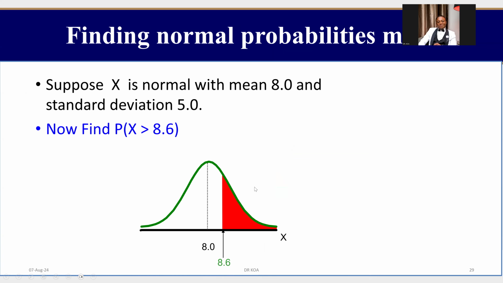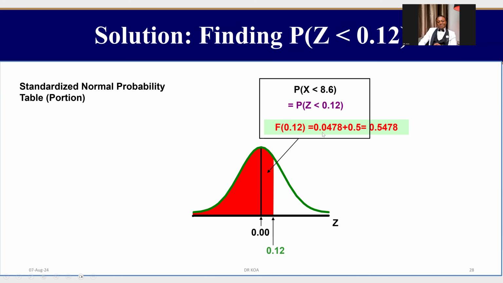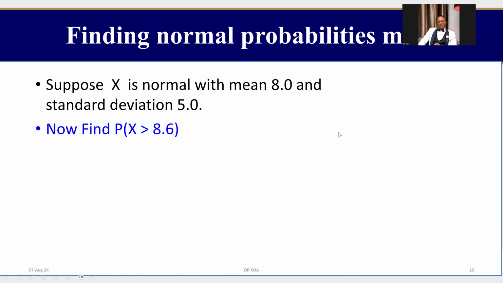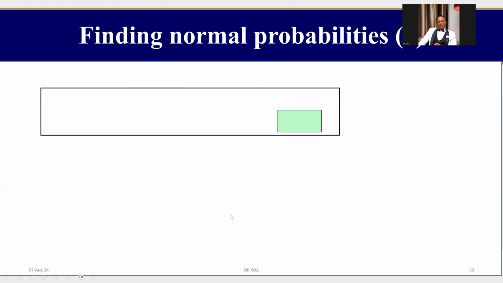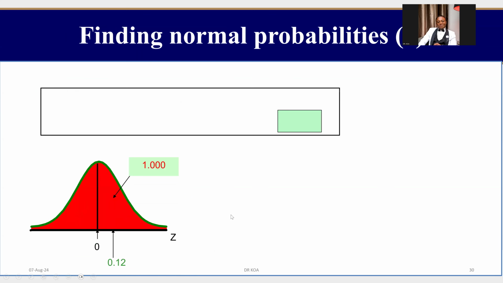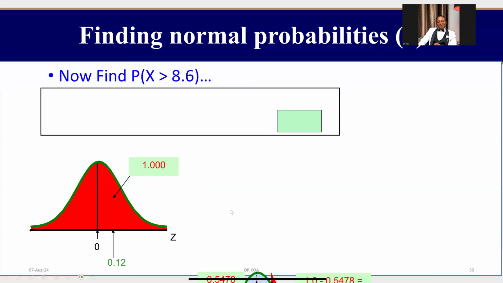So whatever you found previously, which is 0.0478, that one will rather give you the white space from the center to the right. So you just subtract that from 0.5, and that will give you the red area here. Just do that. So that is how you do most of them.